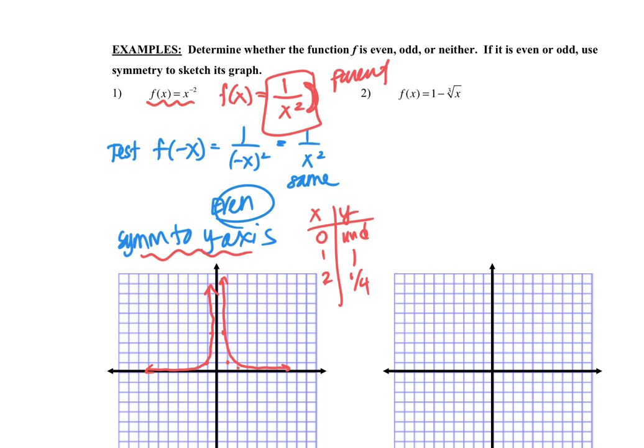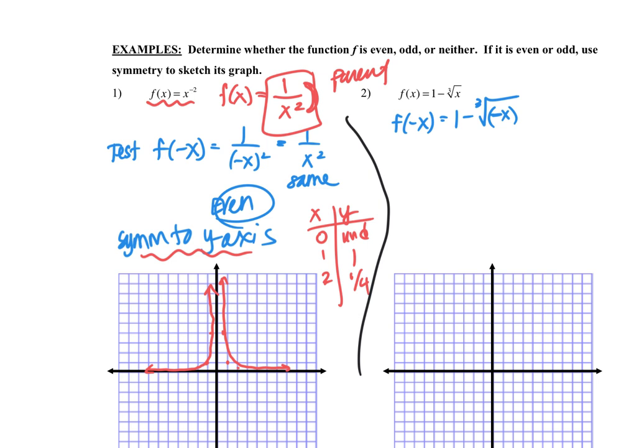Okay, last part. We're going to test the second f of x here. That says 1 minus the cube root of x. So if I plug in f of negative x, that's 1 minus the cube root of negative x. Now, I need to simplify this.